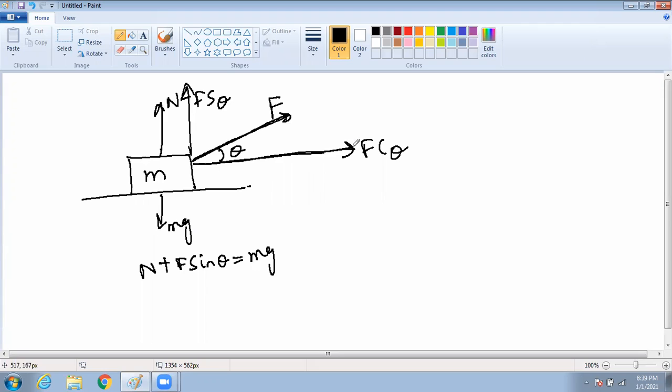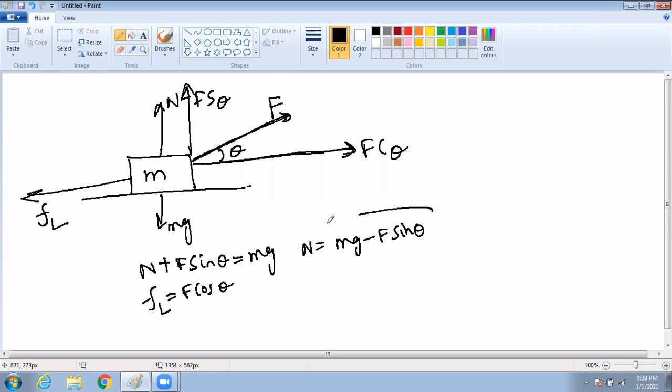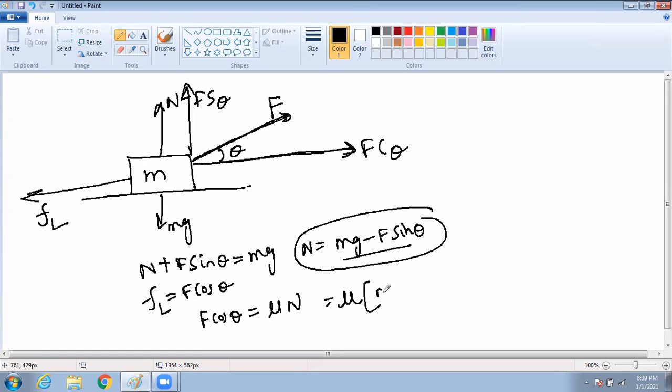F cos theta acts this side, and obviously there will be a limiting friction this side, FL, and FL equals F cos theta. So what will be your N? Your N will be mg minus F sin theta. So F cos theta will be equal to mu N, so mu into (mg minus F sin theta).